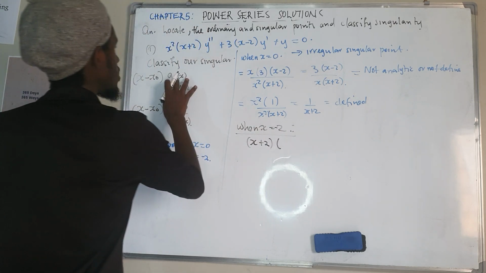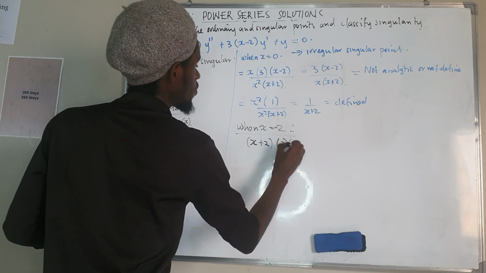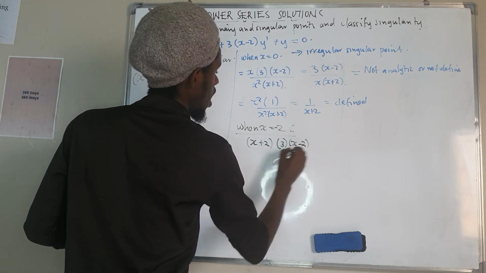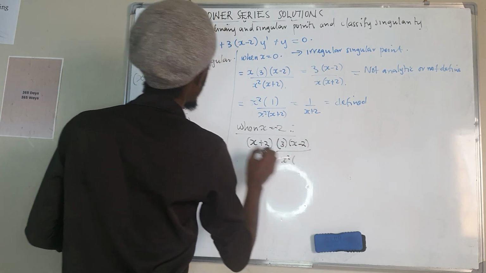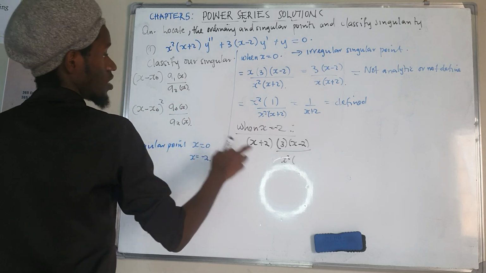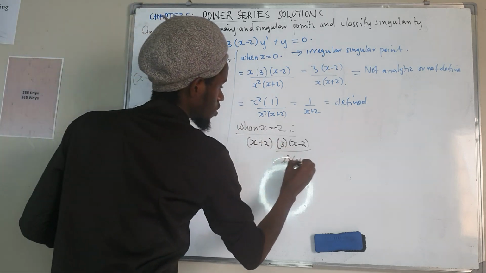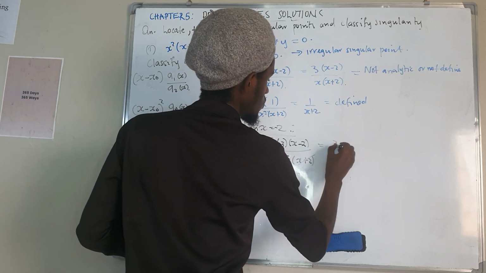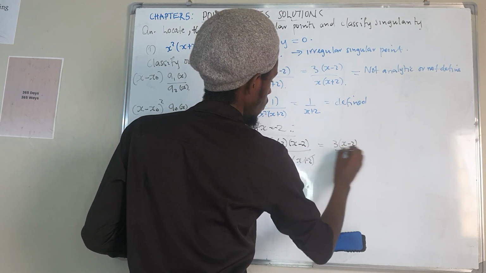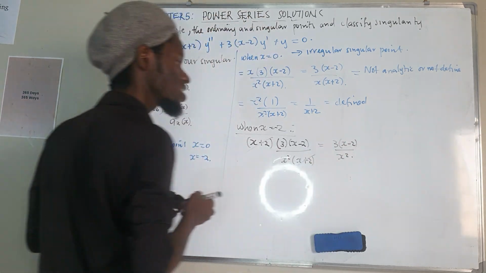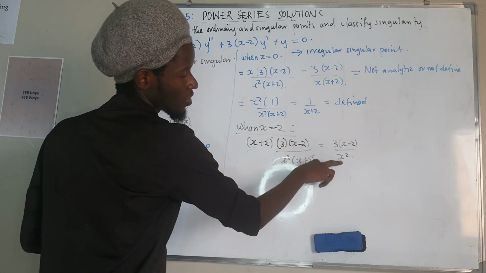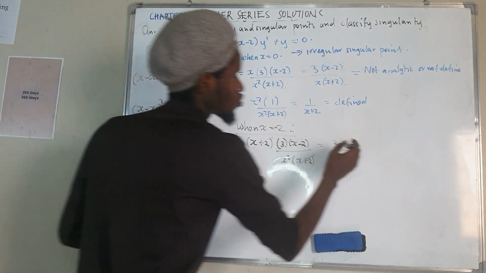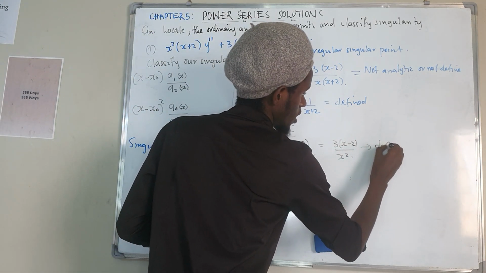Now the first function is 3 into x minus 2, out of x squared into x plus 2. This cancels with this one, and I remain with 3 into x minus 2 over x squared. Now, when x is negative 2, this is going to be defined, or analytic.